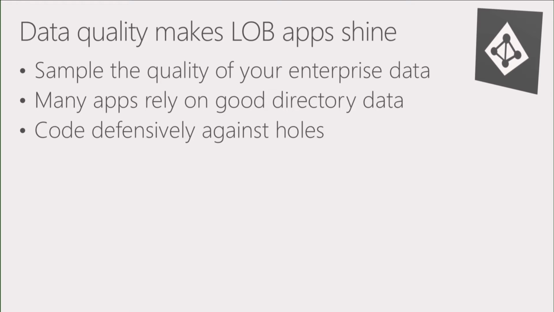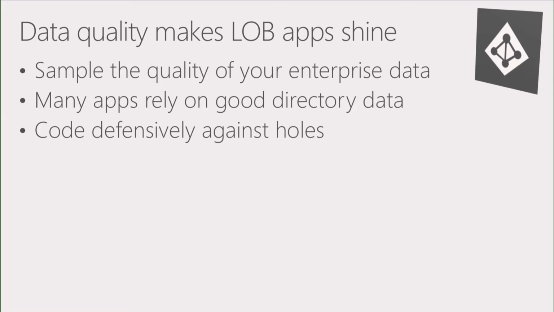So when I try and bring up a rich portal like the one I showed you with Property Manager, the thing that shows up is going to be rich and it's going to work well, as opposed to just falling on its face because half the data is missing that it's relying on. Often we have great data in our IT departments, but then the further out we go into our organizations, the quality of that can fade outwards.